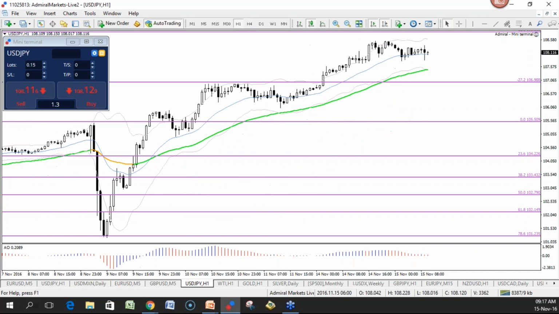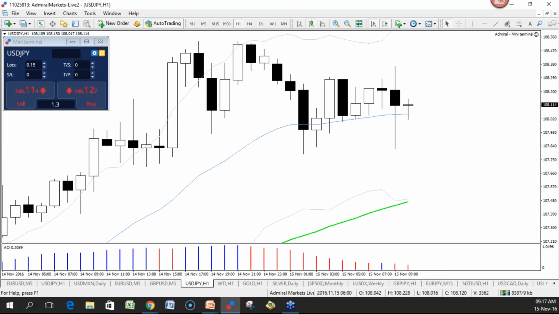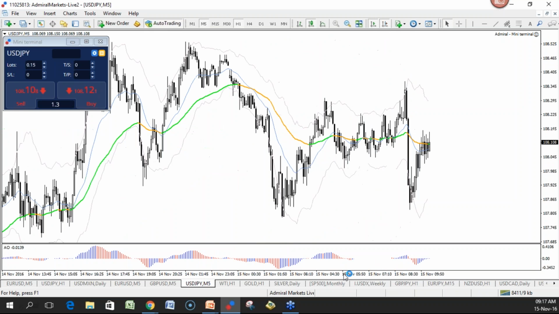Now I was a bit skeptical with this formation regarding these two candles. So probably what I would like to see is a bullish hourly candle first. If I see a bullish hourly candle, it means price is probably somewhere here.